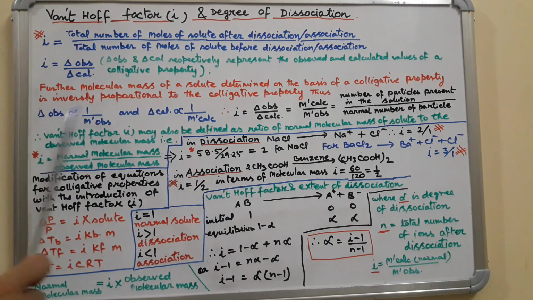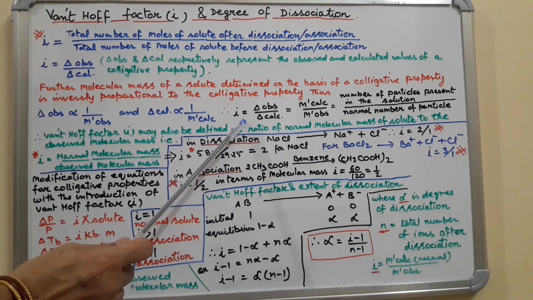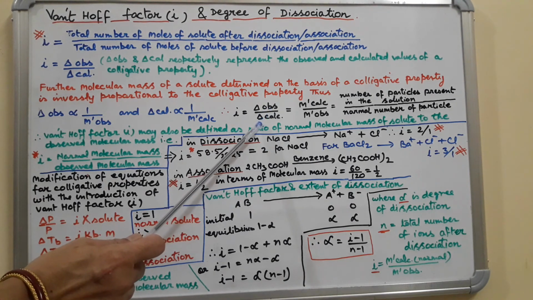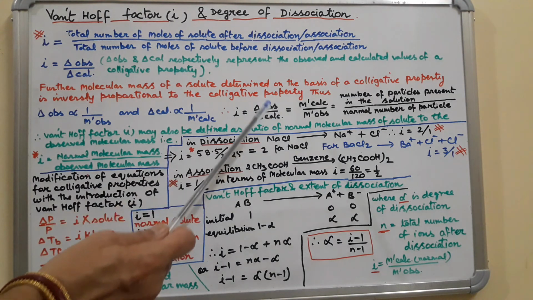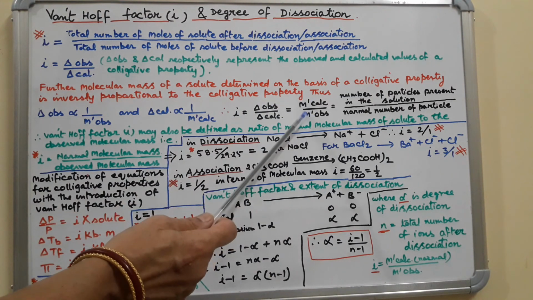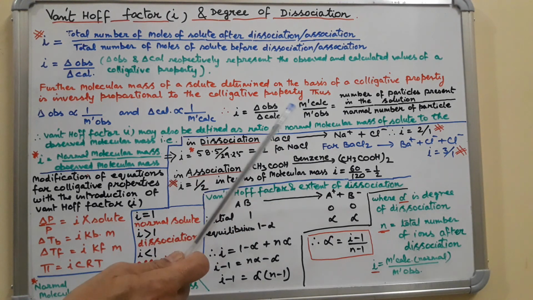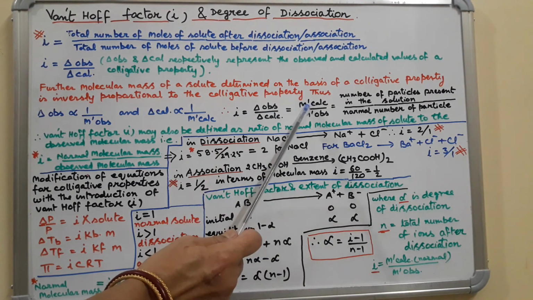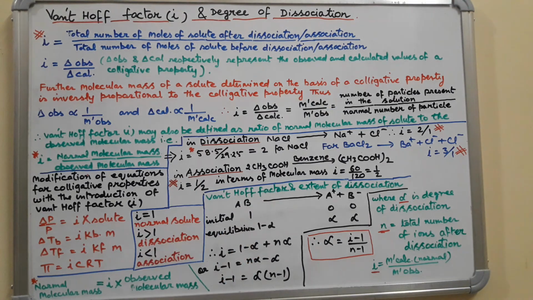On summation of these two, we can write that i is equal to colligative property observed upon colligative property calculated, exactly the same way as the molecular masses are inversely proportional. So I can write, and you understand this, that i is equal to molecular mass calculated upon molecular mass observed.